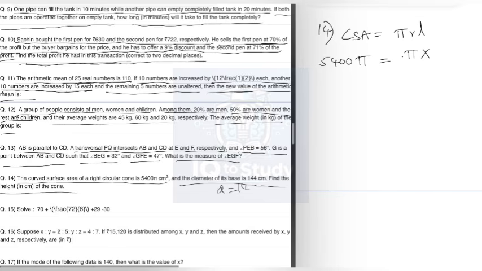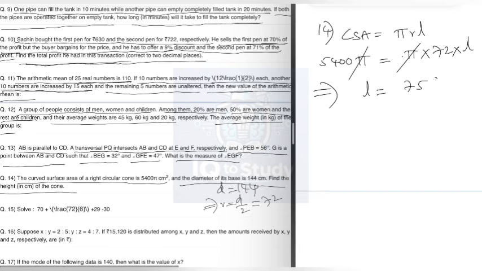We know that curved surface area of a cone is pi r L. Given curved surface area is 5400 pi, that is equal to pi into, here d is 144, which implies radius becomes 72, into L, that implies L is equal to 75 centimeters.